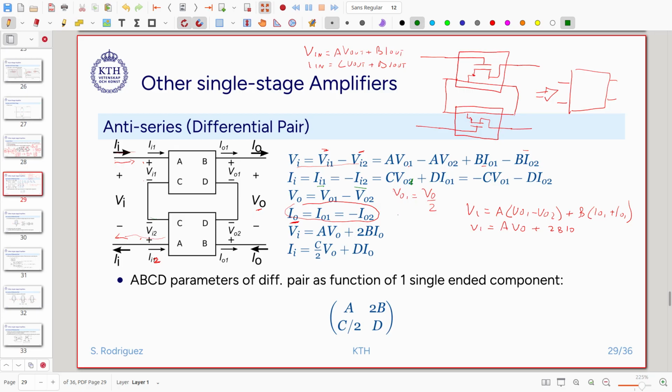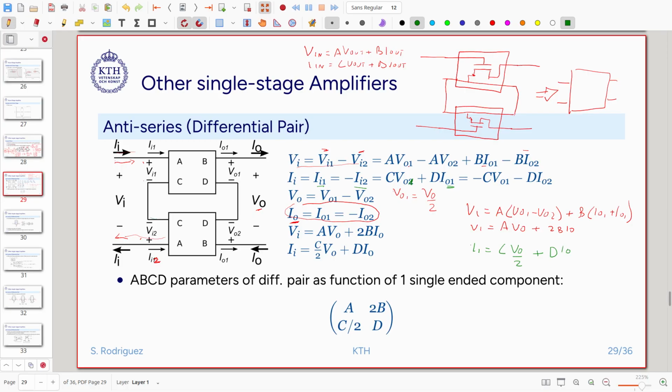Now we can remember this is totally symmetric, so this output voltage has to be equal to half of this voltage has to be equal to VO1 or VO2, so we can replace here. So we have Ii is equal to C VO divided by 2. So we have this one here, and the IO1 is equal to IO.